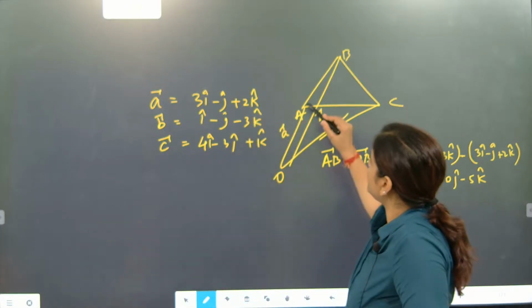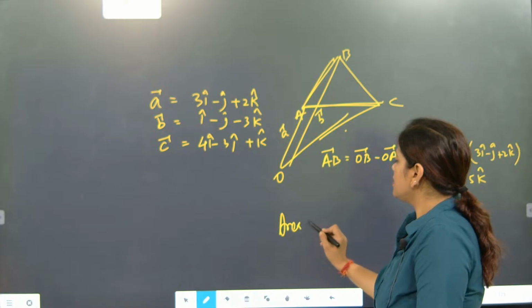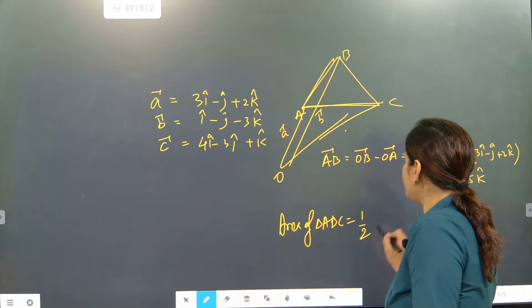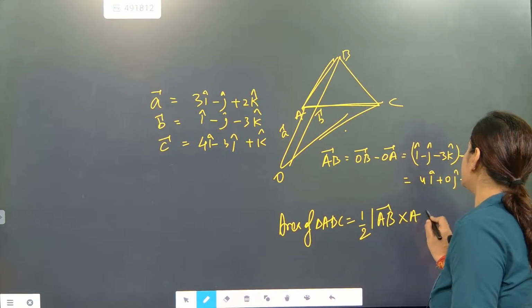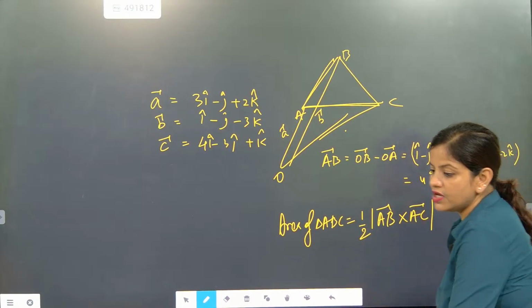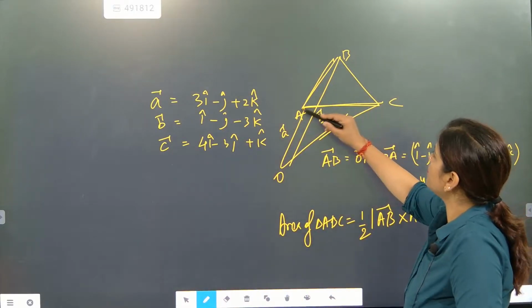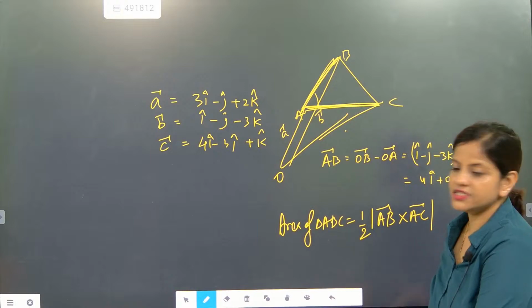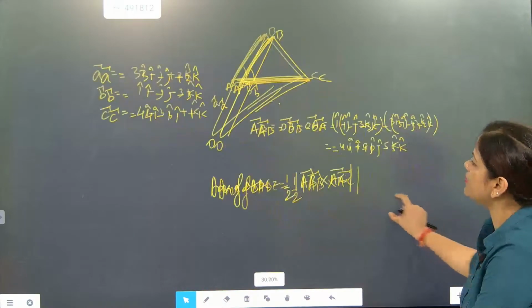Then the area of triangle ABC will be half of the modulus of AB vector cross AC. That's it. You will get the area. So we will be solving this. This is AB and this is AC. Cross product between AB and AC, and it will be done in no time. Half of AB cross AC.